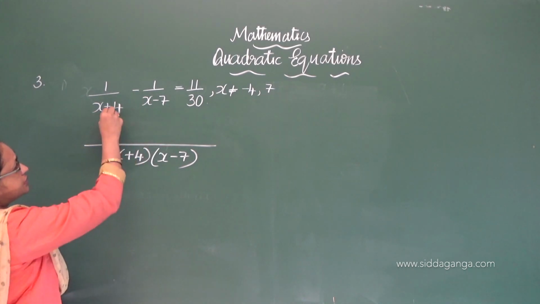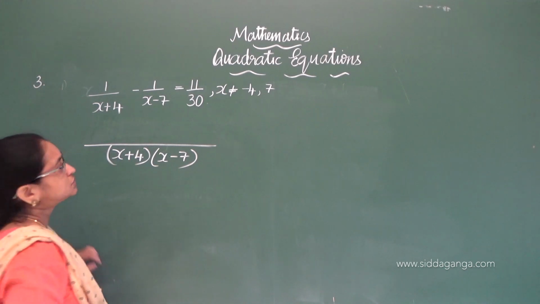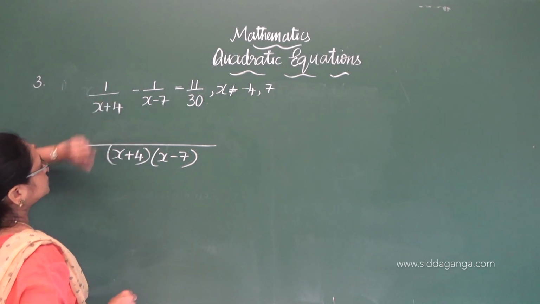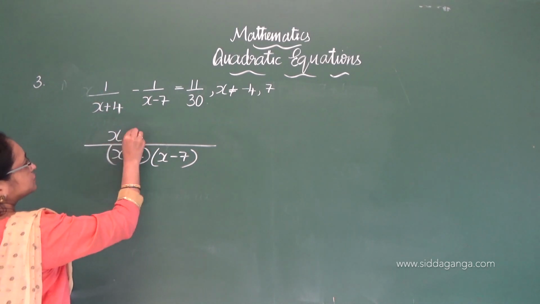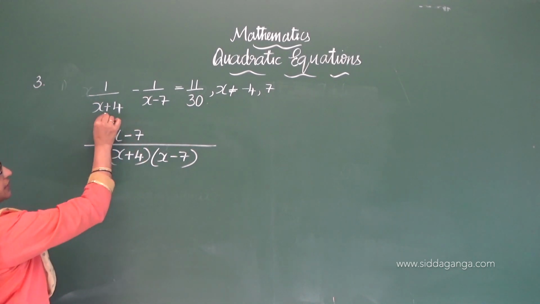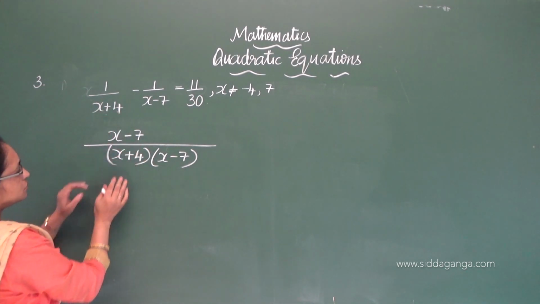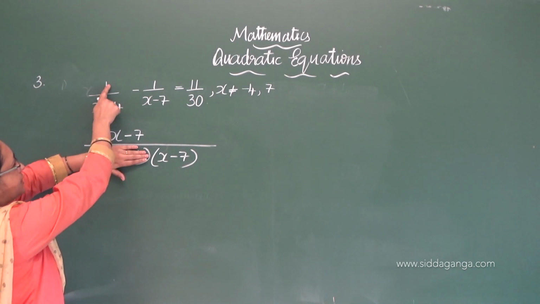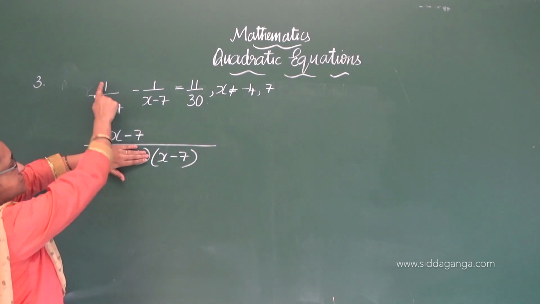Now here x plus 4 is there. So here 1 into x minus 7, you have to multiply 1 into x minus 7. I hope you understood this. See, here in this denominator x plus 4 is there. So just forget this. Then you have to multiply 1 into x minus 7.